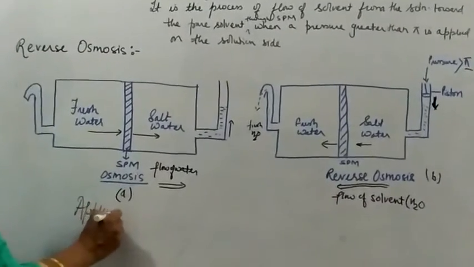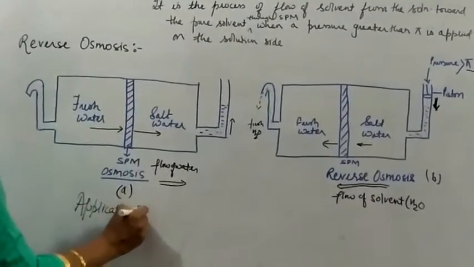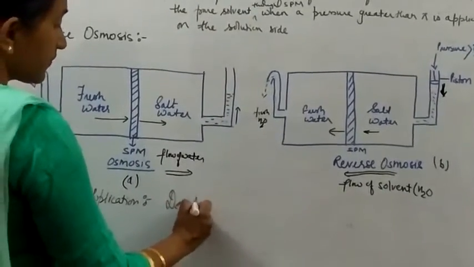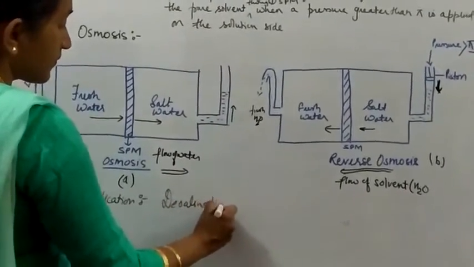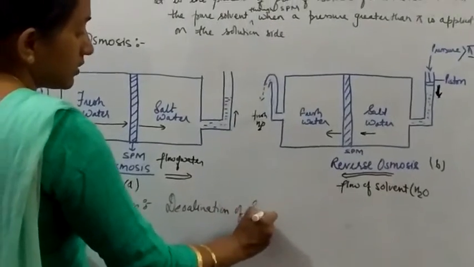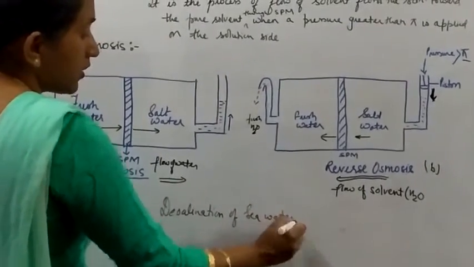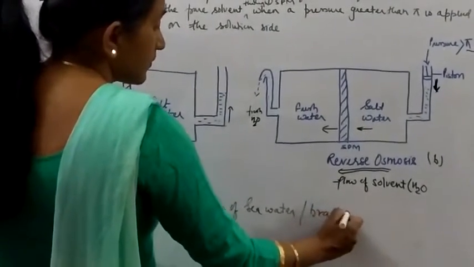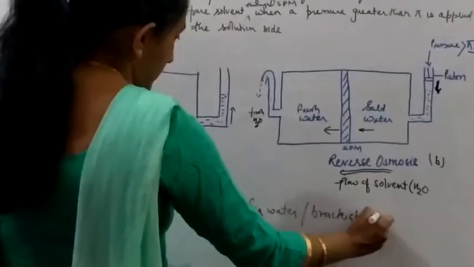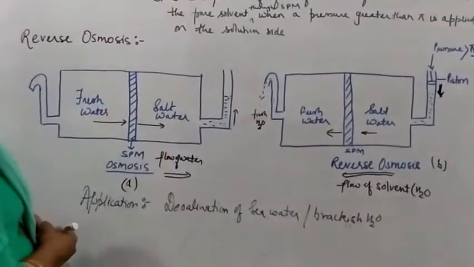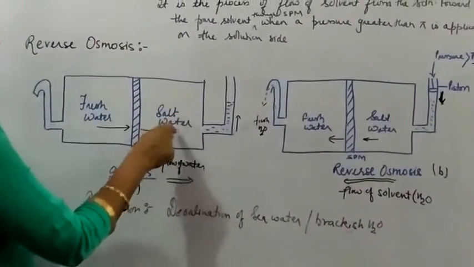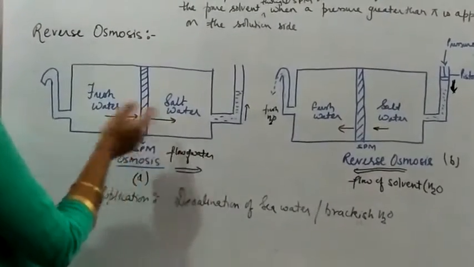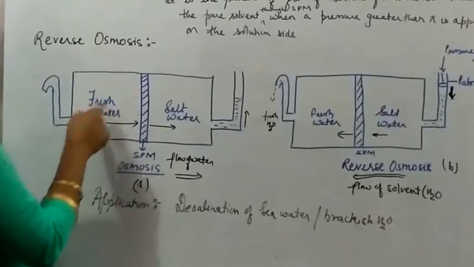Reverse osmosis is used in desalination of seawater or brackish water. In place of salt water we take seawater, which has a higher concentration of salt, and the pure water is on the other side.